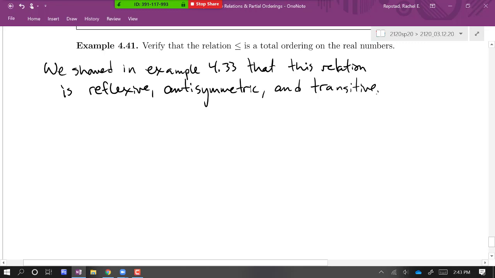So that's enough to get it to be a partial ordering. Can we go a step further? Is every pair of elements comparable?